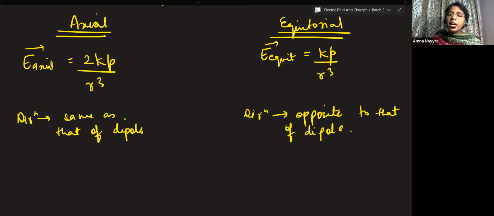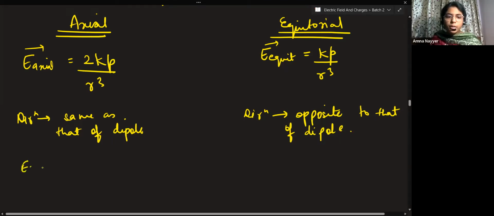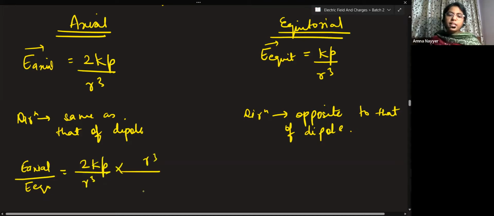Now see, if I compare E axial with E equatorial, if I take the ratio E axial by E equatorial, E axial is 2kp divided by r cube. E equatorial is kp divided by r cube.